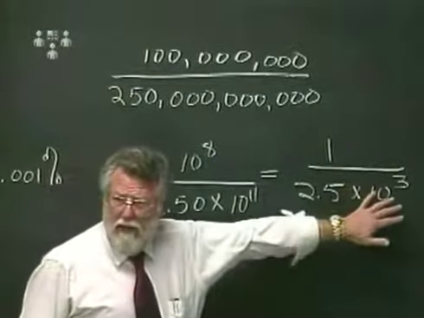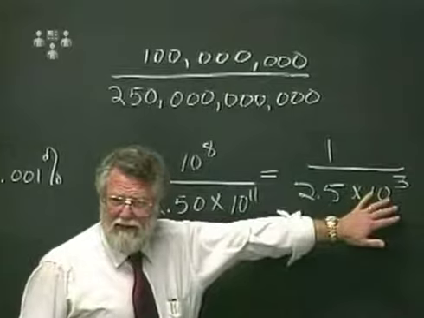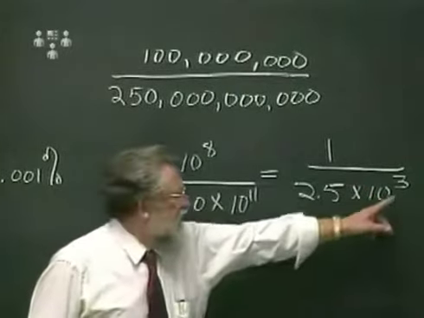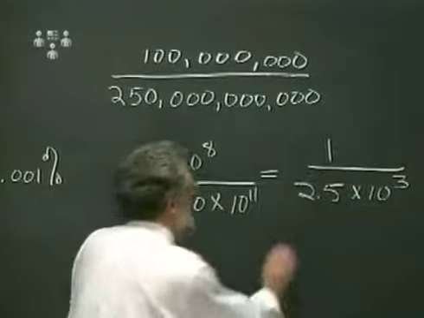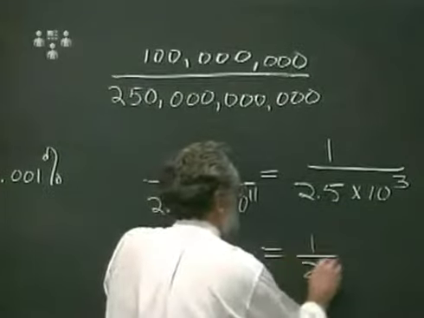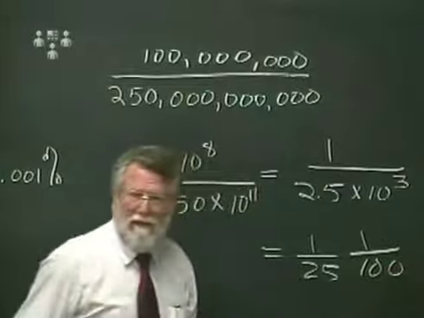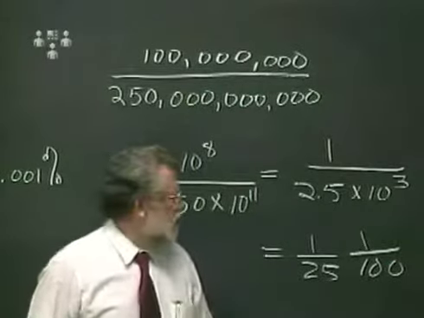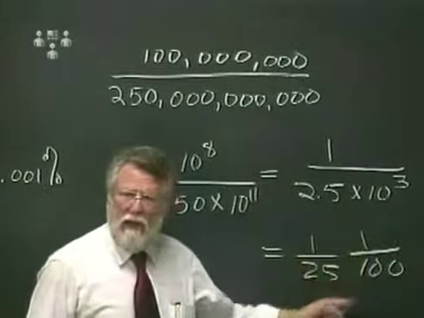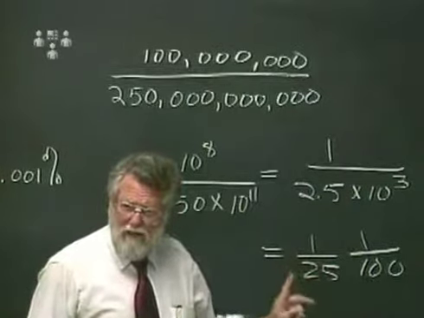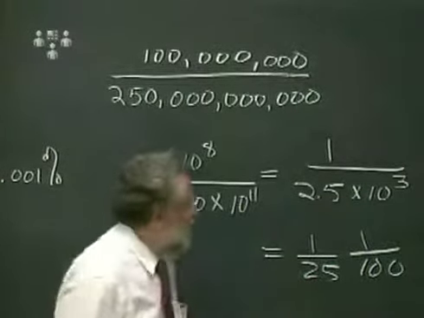I would like 100 here, correct? To get a percent. So I'm going to take a 10 from here and get 1 over this, and I'm done with what I needed, and we're going to get a number that we've seen before. Okay, so that's 1 over 25 times 1 over 100, so that's 1/25 of a percent.